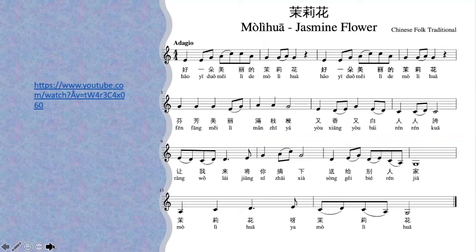Two measures. So we end on scale degree 5 if we use fixed do system.